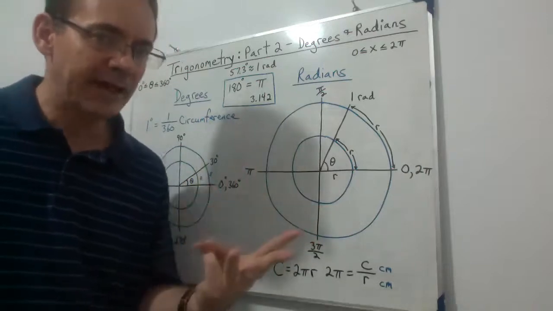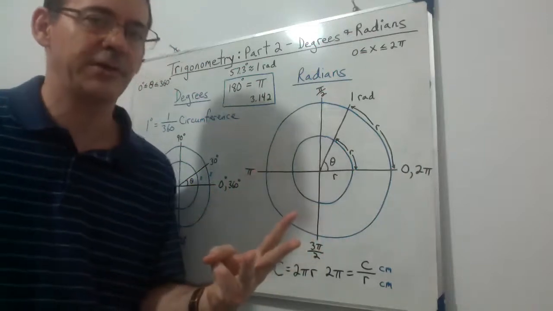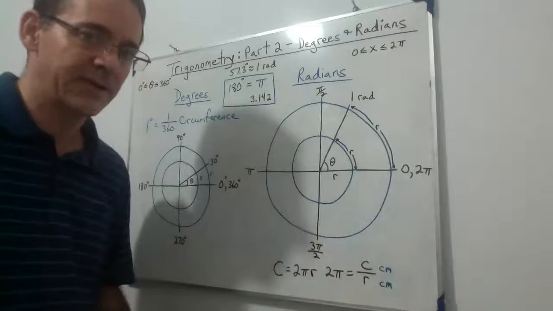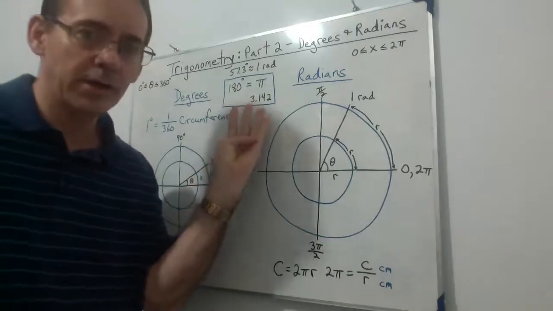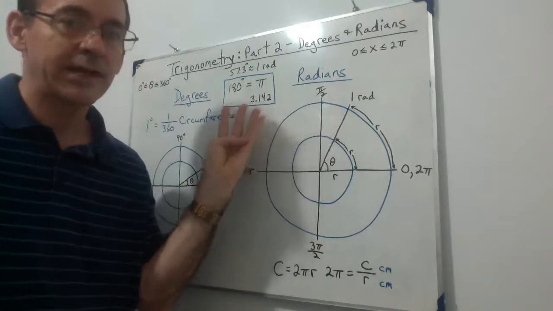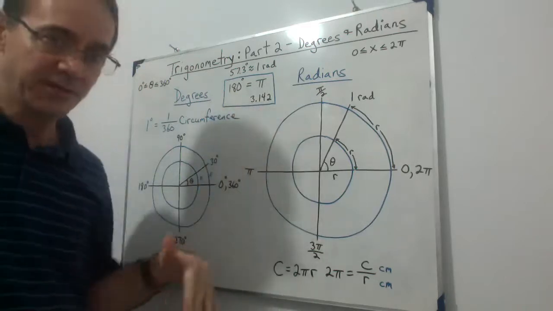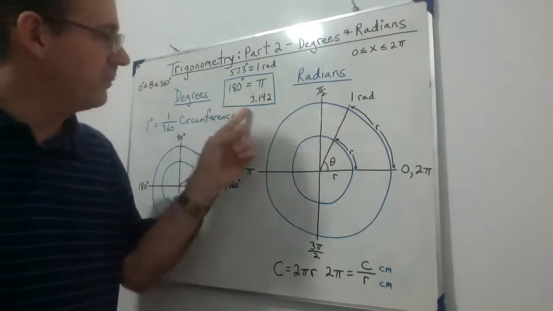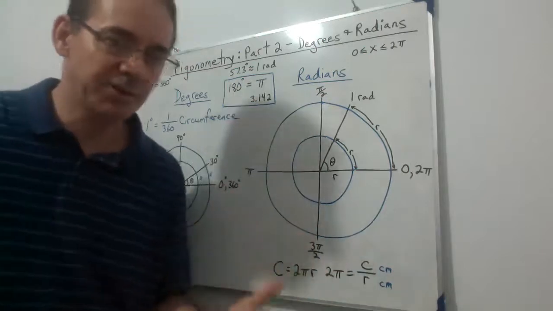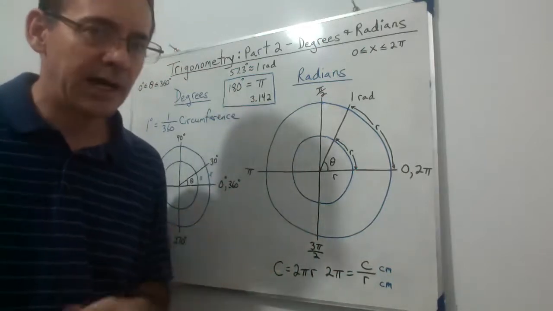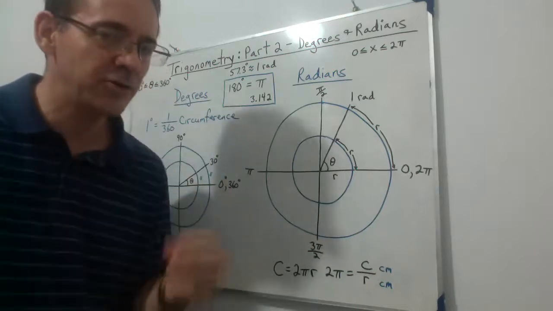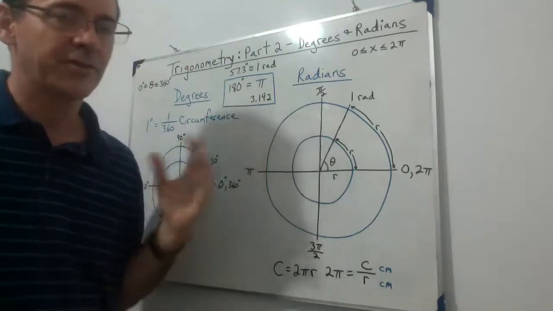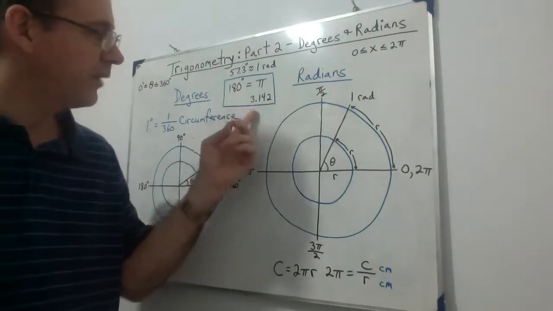So if your final answer needs to be to 3 significant figures, then that means the numbers you're using in your calculations before the final answer should be taken to 4 digits. That way it guarantees that your 3rd significant figure on the final answer will be accurate. So if you only use 3.14, yeah, some of the time you'll still get the same answer, but there's the possibility that that 3rd value might not come out exact if you only use 3.14. So that's why for Cambridge, they use 3.142.